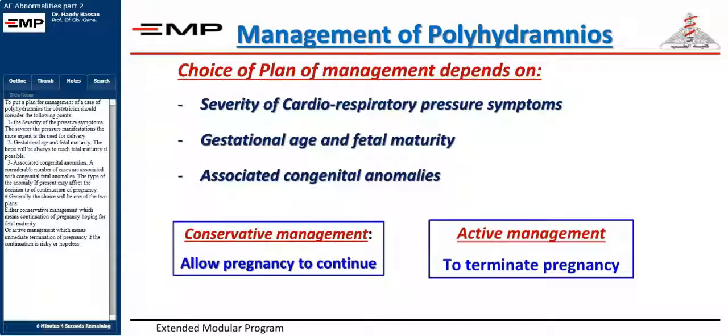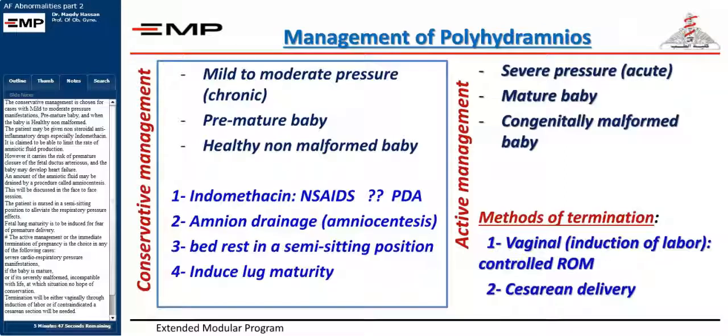Generally, the choice will be one of the two plans. Either conservative management, which means continuation of pregnancy hoping for fetal maturity, or active management, which means immediate termination of pregnancy if the continuation is risky or hopeless. The conservative management is chosen for cases with mild to moderate pressure manifestations, premature baby, and when the baby is healthy, non-malformed.